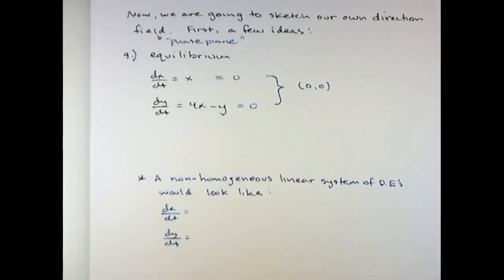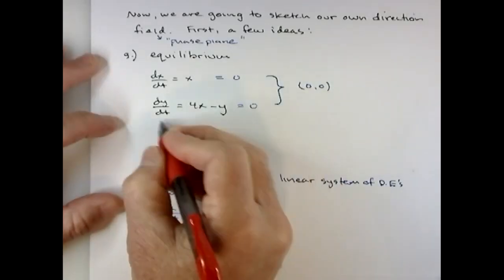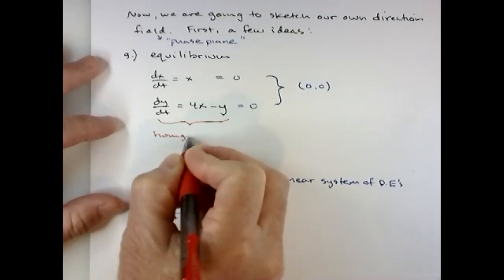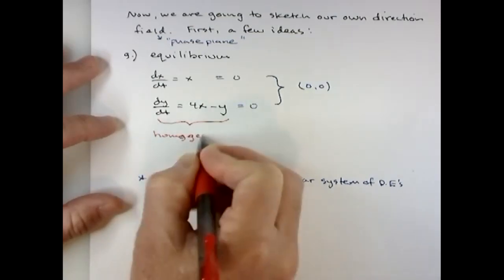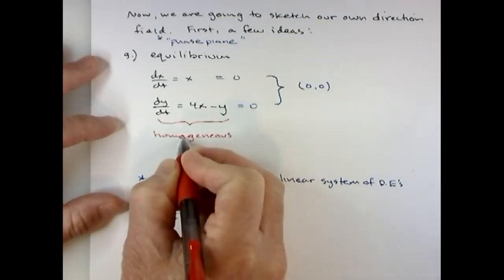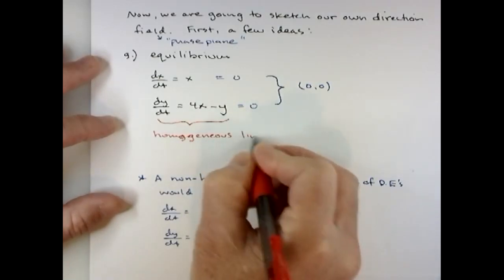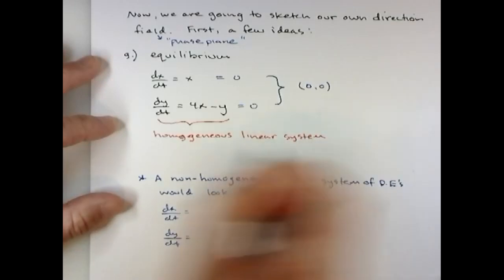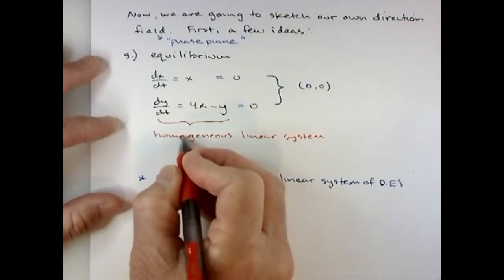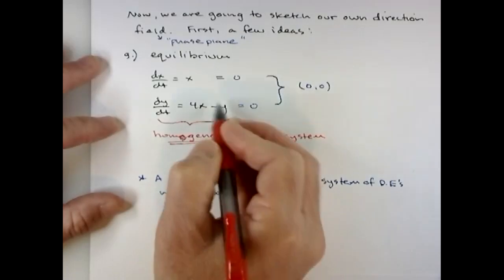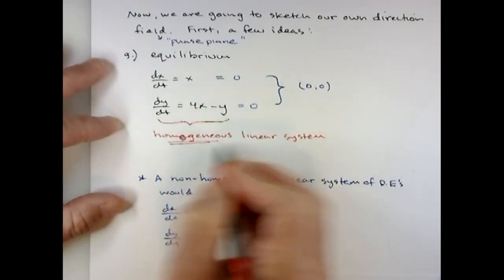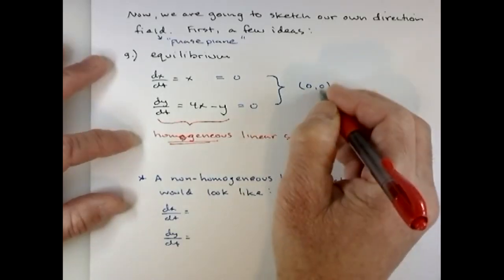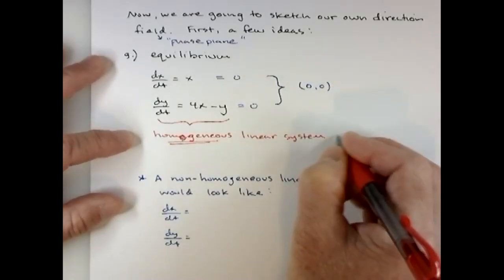So terminology, this is called a homogeneous linear system. The homogeneous refers to the fact that the equilibrium for a homogeneous linear system of differential equations will always be 0, 0.